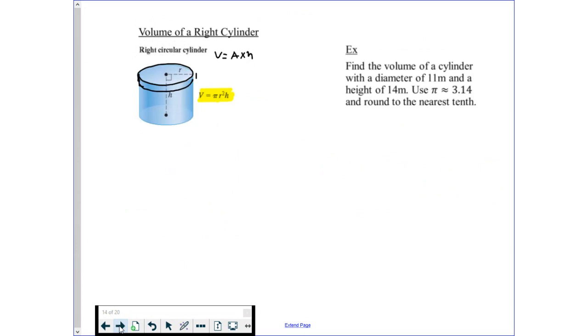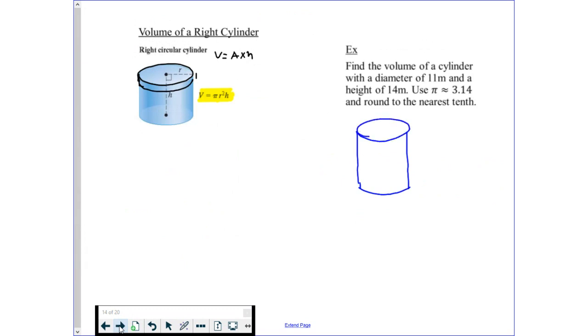Okay, now let's do the example. So the example says find the volume of a cylinder with diameter of 11 meter. So the diameter is given. Here we have this.